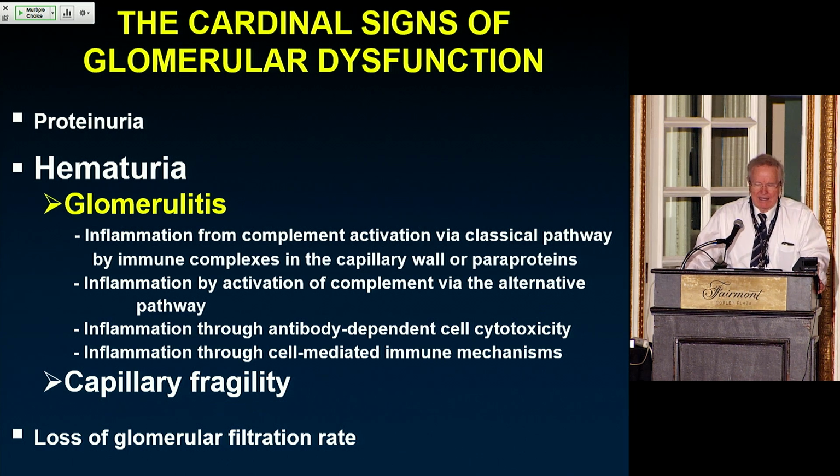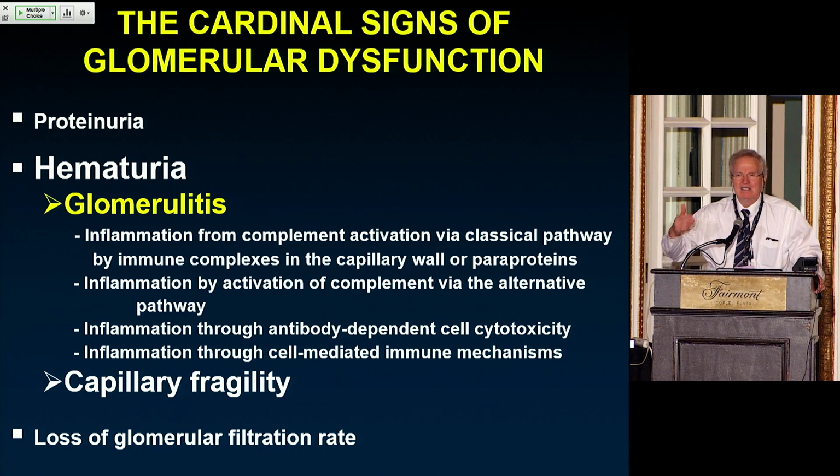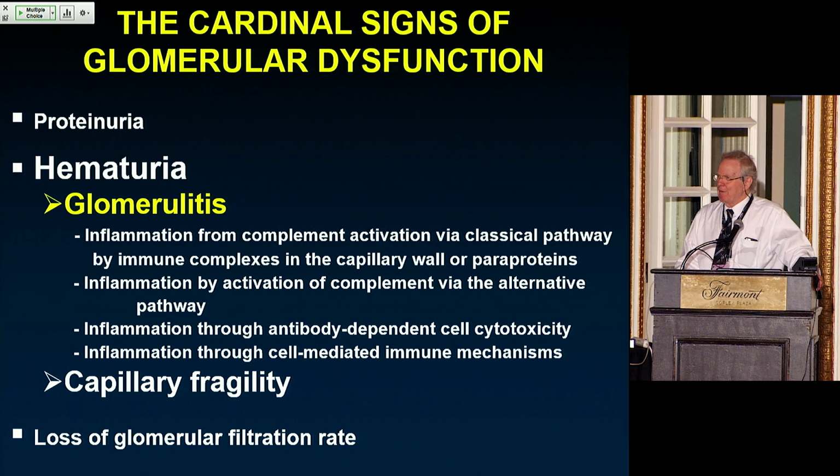And finally, it can be, like in rejection, classically, and in interstitial nephritis and drug-induced interstitial nephritis, a T-cell dependent and cell-mediated immune mechanism responsible for the inflammation. Those are, in general terms, and I will give you examples of all these four potential mechanisms by which you have an active glomerulitis that explains hematuria.